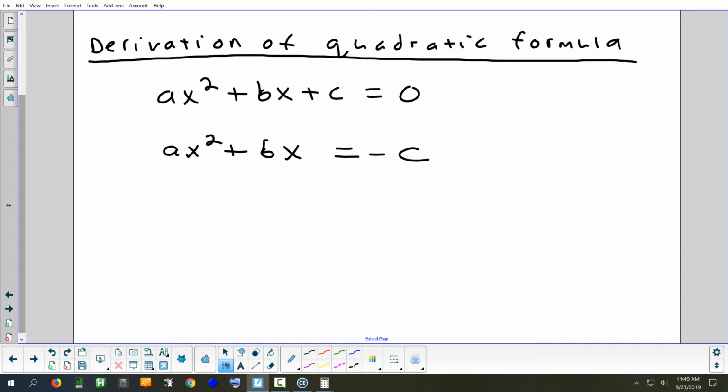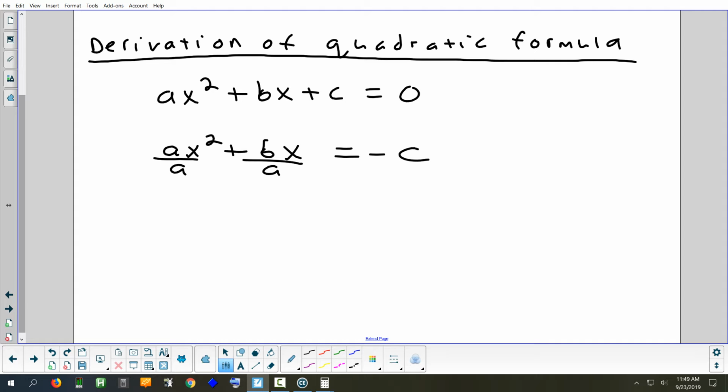Now, what's the next thing? After you put the constant on the other side, you have to make sure that what? The coefficient of x squared has to be what? 1. Yes. So the way to get rid of this a, and you're going to have to do it everywhere, would be to do what? Divide by a.